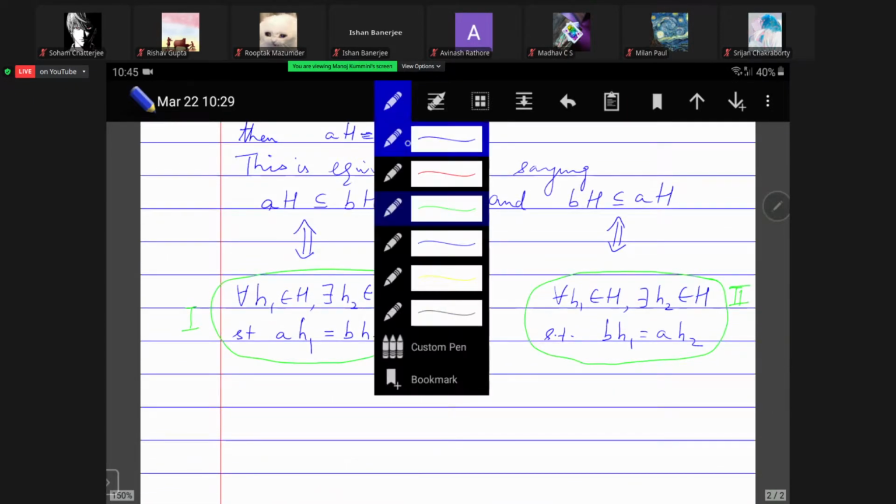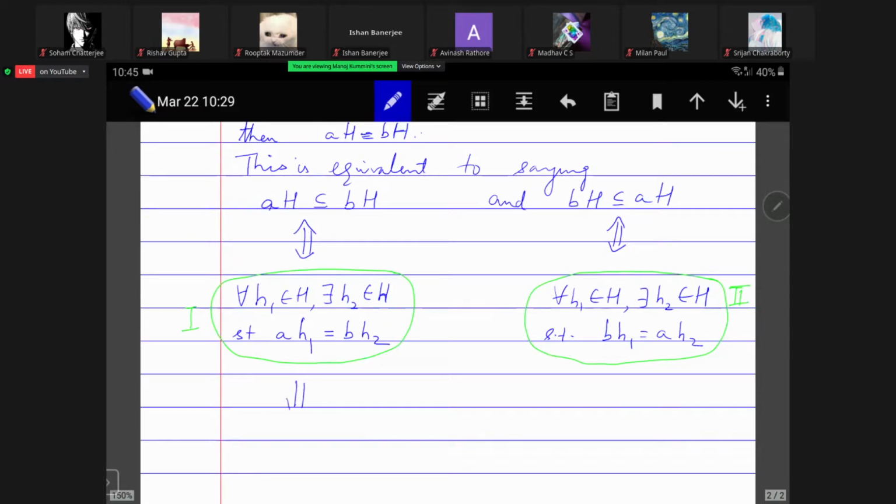Now, as a consequence of 1, we can in particular apply this statement to the case where H1 is the identity of G, which is also the identity of H. So there exists H2 inside H such that A is B times H2.